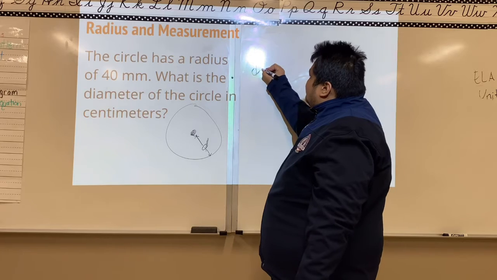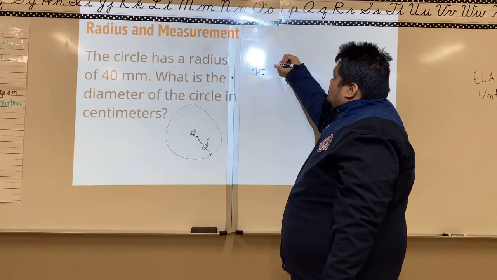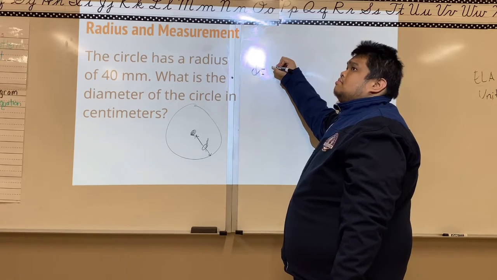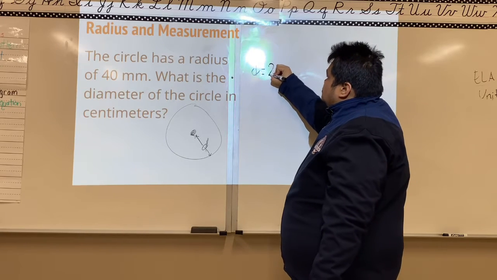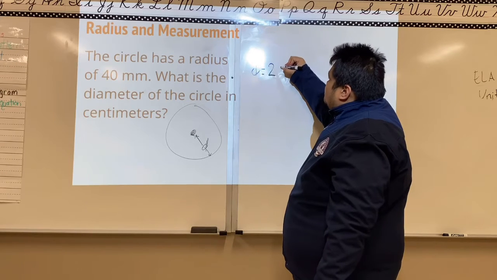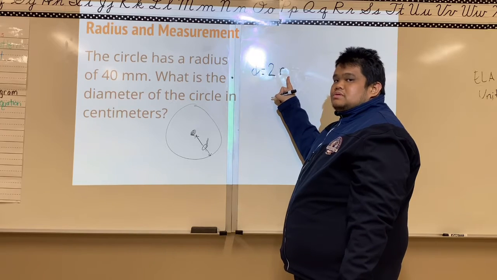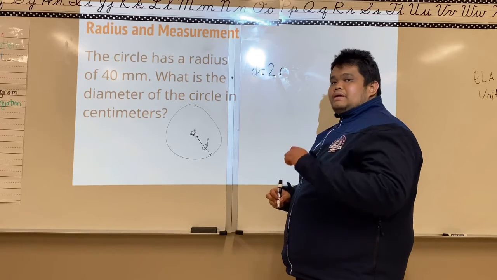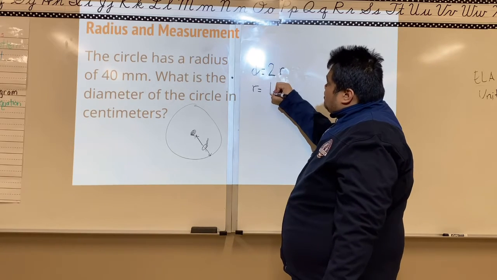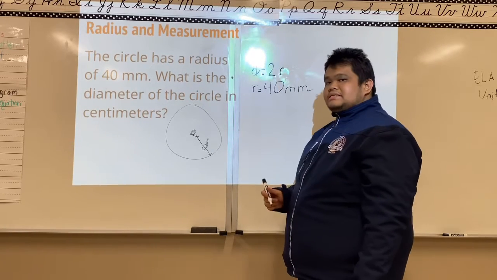D is equal to 2 times the radius. 2 times the radius. Okay? Now, what is our radius? Our radius is 40 millimeters.